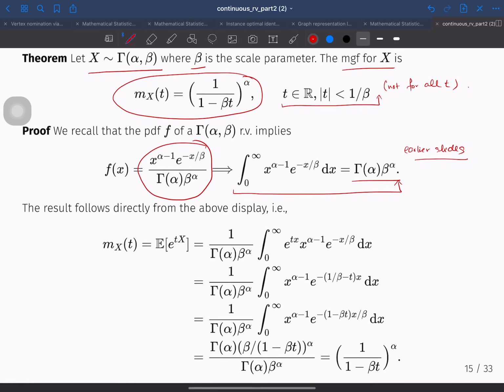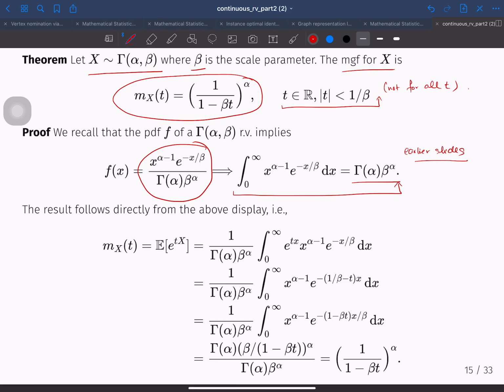Then if that's the case, the moment generating function follows directly from this result with a slight change of variable. So here we have the definition, the moment generating function, which is the expected value of e^(tX). And we have this 1 over gamma(alpha) beta^alpha in the PDF. Now we have e^(tX), and this is the remaining term in the PDF.